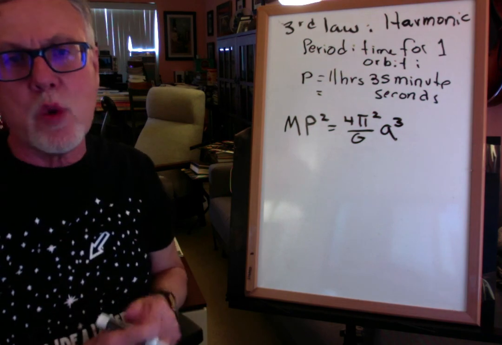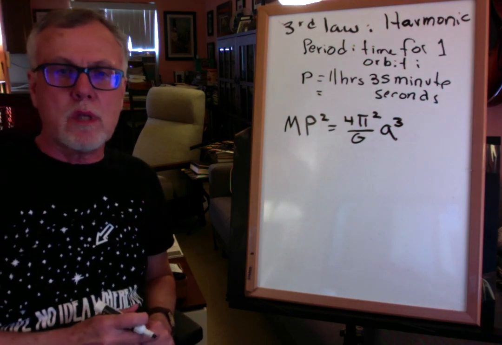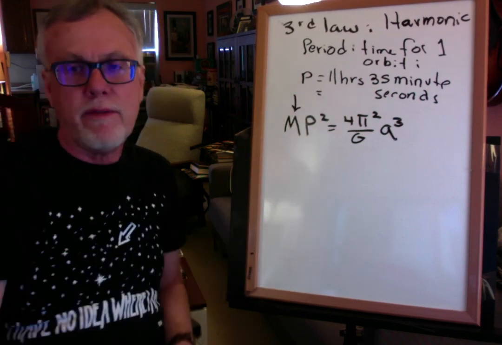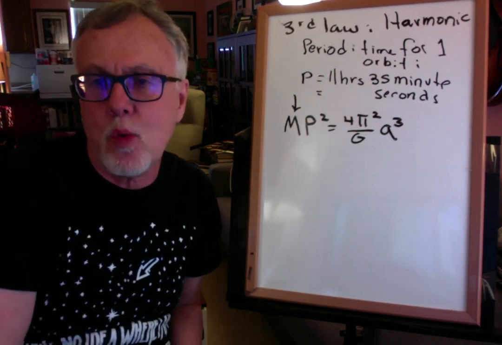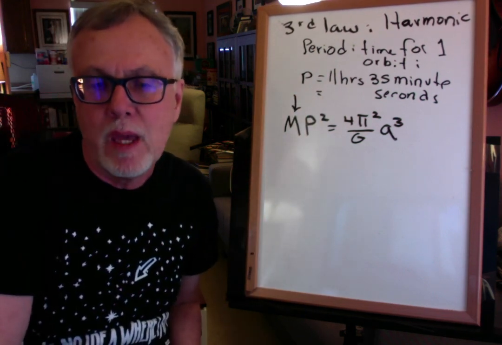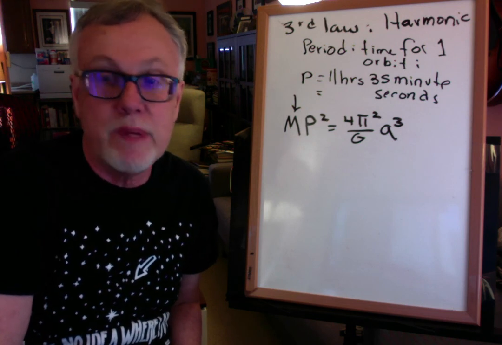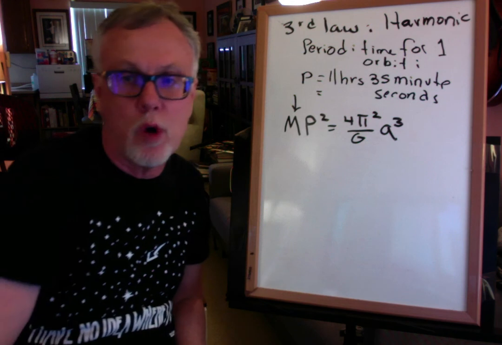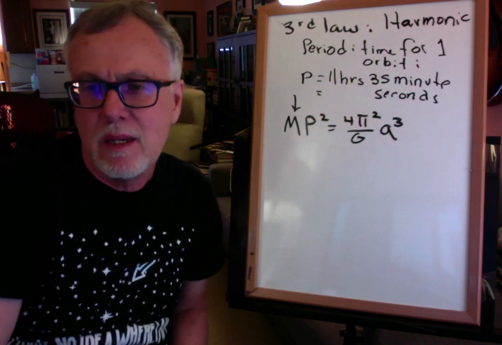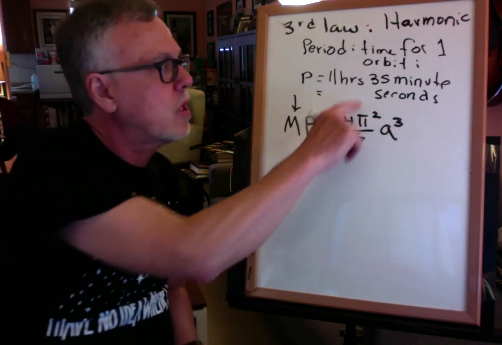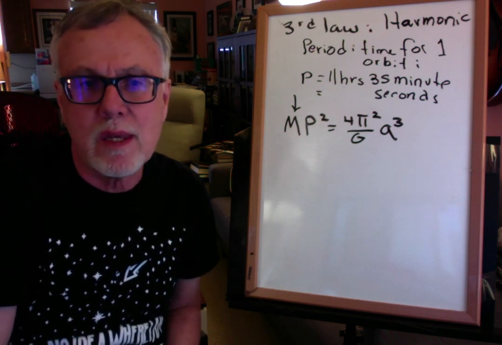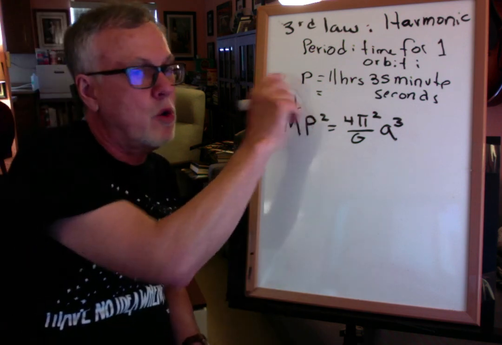And that's the equation that you will use to solve for the mass of the moon. In other words, if we're looking at anything orbiting another body, if we can measure how big that orbit is, in this case the semi-major axis, which you already have, and you can measure the period, which I just gave you, that has to be in seconds, then you can actually calculate the mass of what's being orbited.